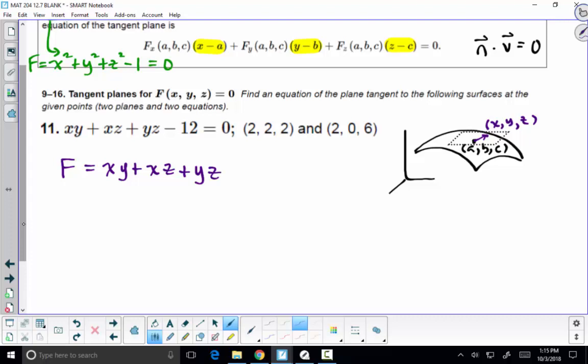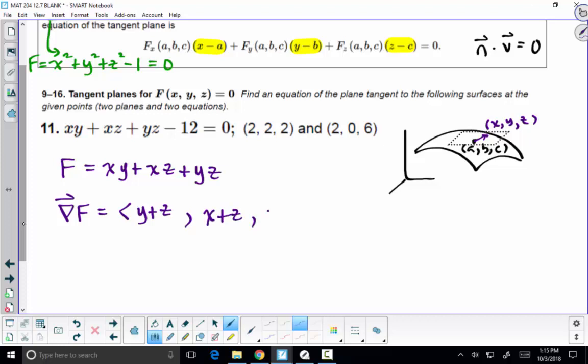So F you can think of as a hypersurface or as a parent function to the surface that we began with. Either way. And del F is going to be: partial with respect to x gives us y plus z. Partial with respect to y gives us x plus z.